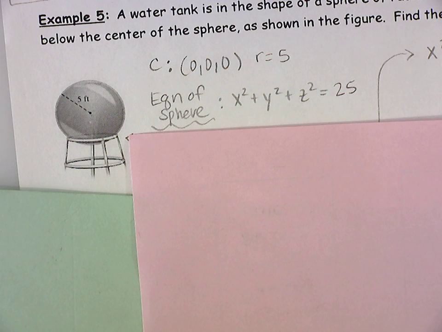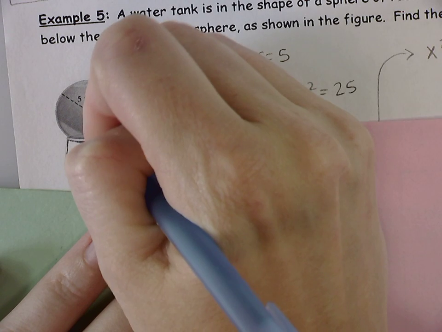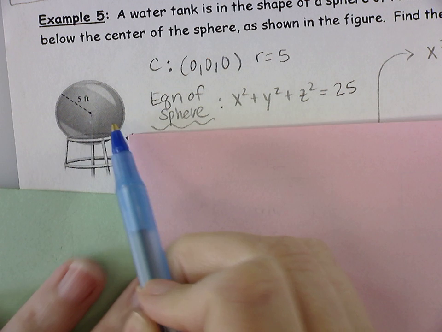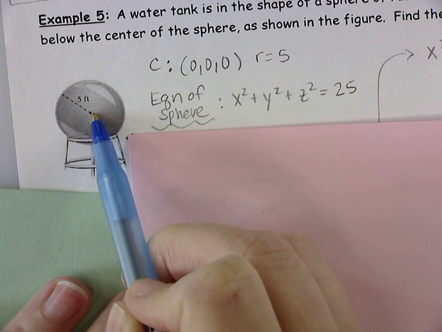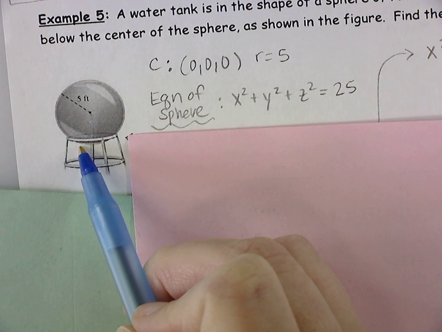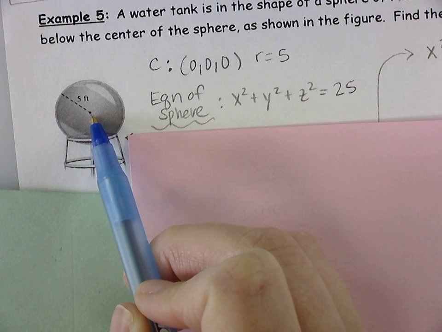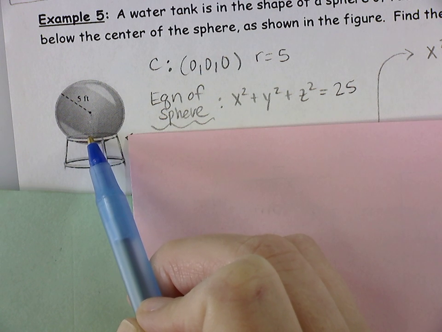Now, it says that the metal circle is 4 feet below. So they're saying that this length here is 4 feet below, which means we know one of our values. Does anybody think they know what it is? Wouldn't that be negative z? It'd be, yeah, it would be the z value, and the z value would be negative because it's going down from the origin, and it would be negative what?